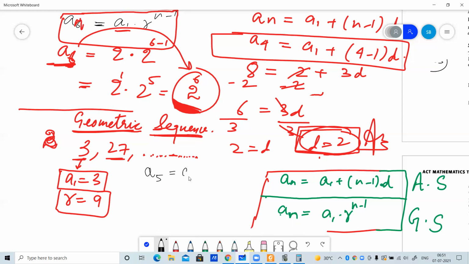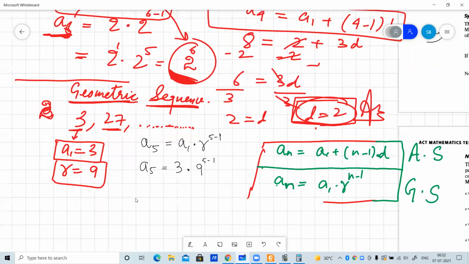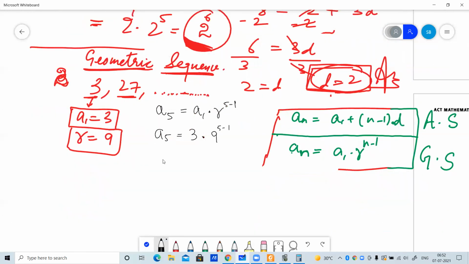A5 is equal to a1 times r to the 5 minus 1. A1 is 3, times r to the 5 minus 1, which is 9 to the 5 minus 1. 5 minus 1 is 4, so change it to 4. Yes, 9 to the 4th power. 3 times 9 to the 4th power.